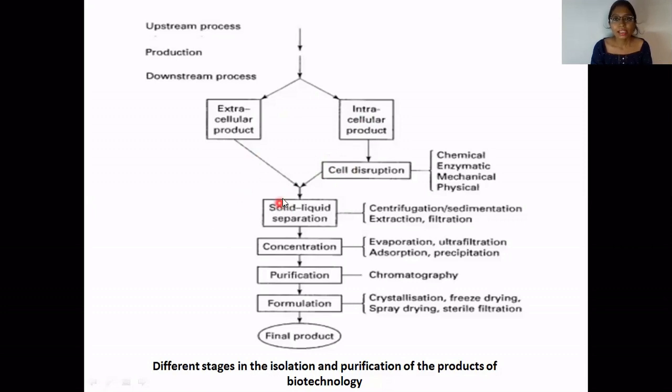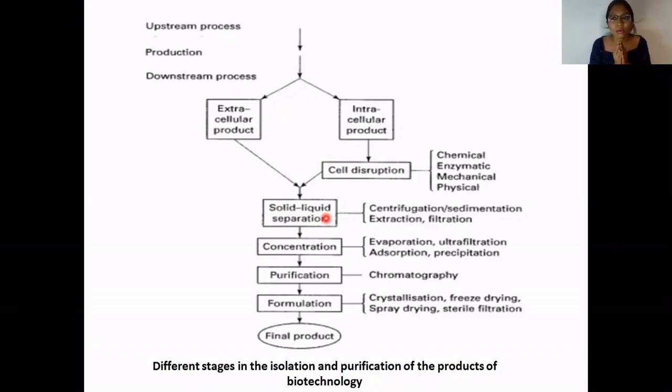Then the next step is solid liquid separation. Why is the next step solid liquid separation? Because when the product is formed, it is not only the product that is present in the entire fermented broth.